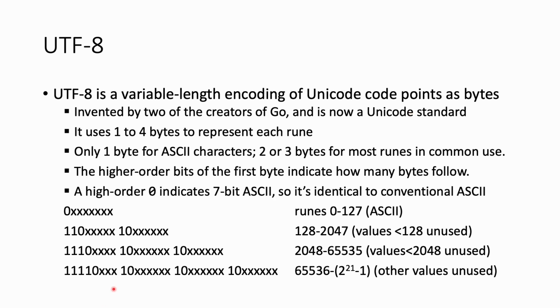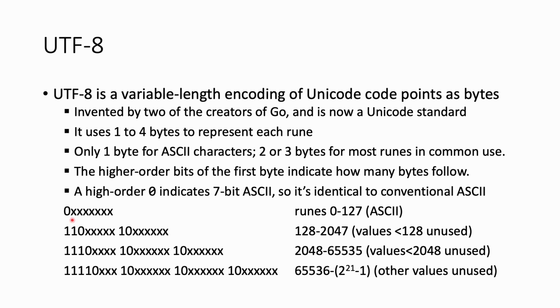And so here are the patterns of the encoding. The high order bits of the first byte indicate how many bytes follow. In particular, a high order 0 in the byte indicates 7-bit ASCII, so it's identical to the conventional ASCII code.